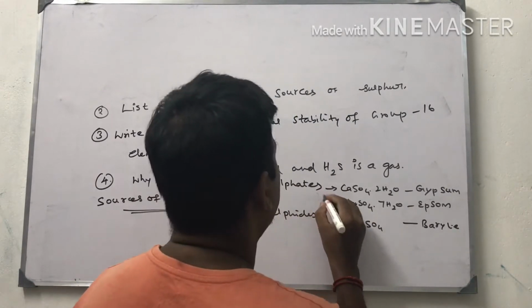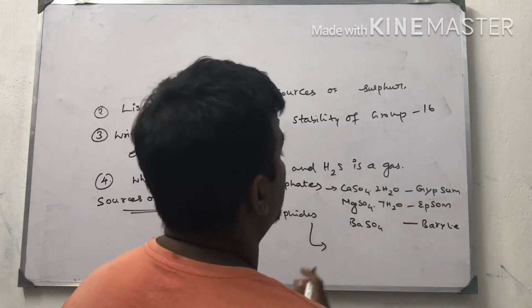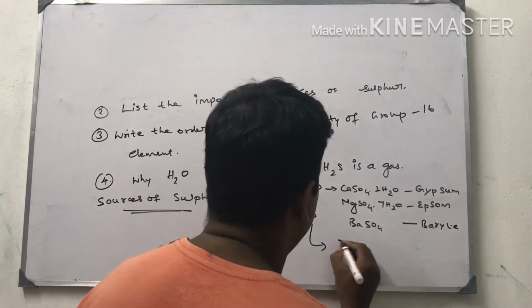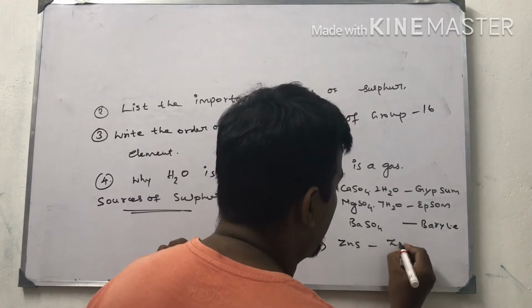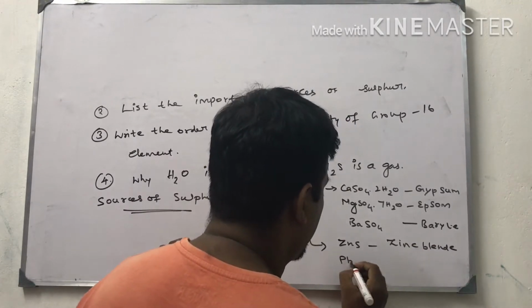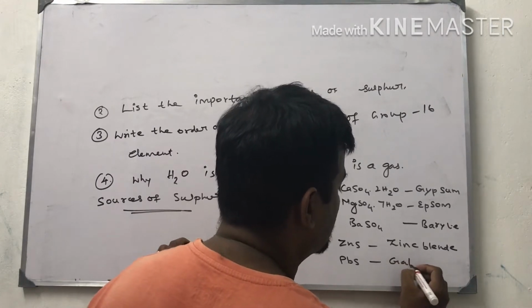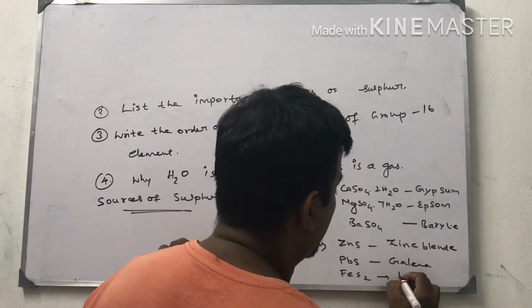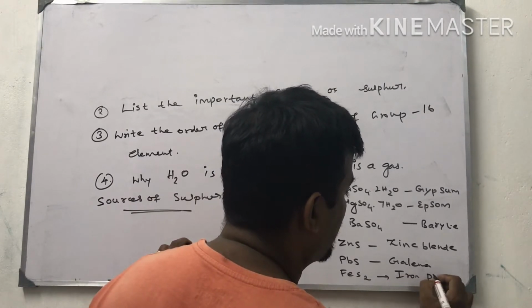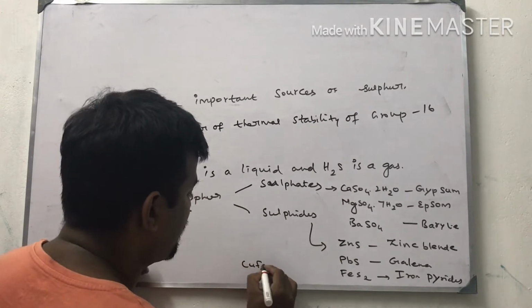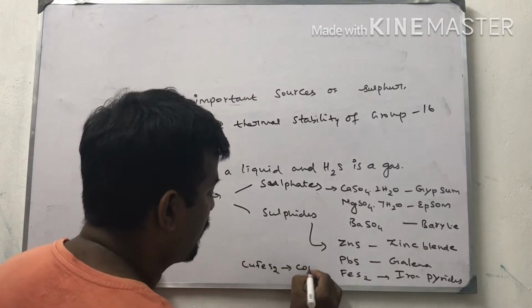So these are the sulfate forms of sulfur. The sulfide forms: zinc sulfide is zinc blende. Lead sulfide, PbS, is galena. Iron sulfide, FeS2, is called iron pyrites. And CuFeS2 is called copper pyrites.